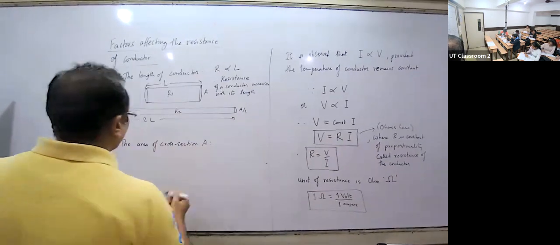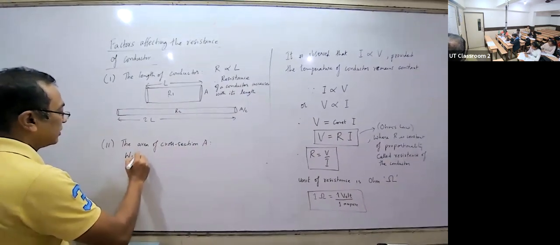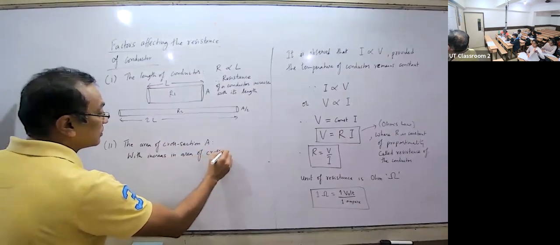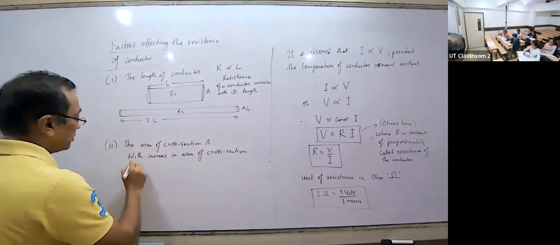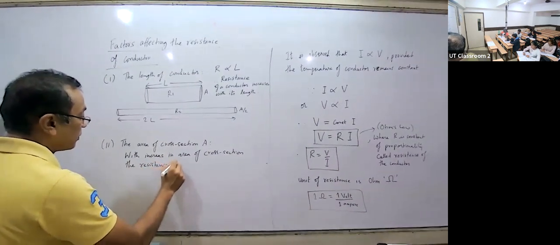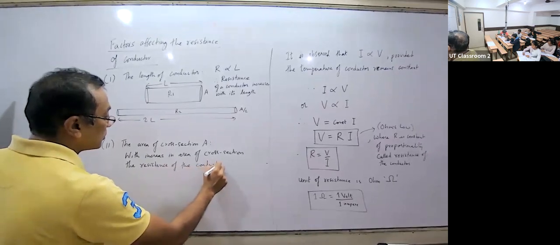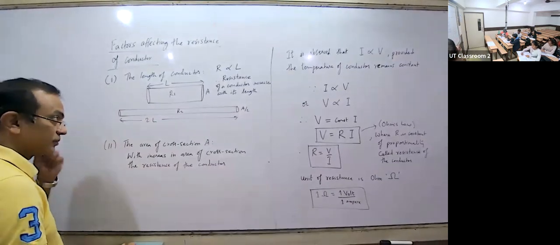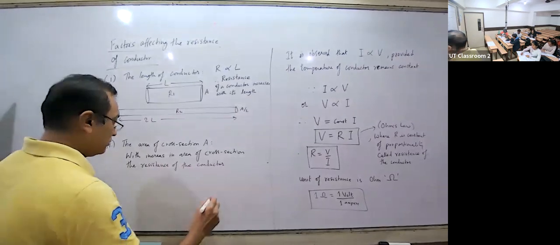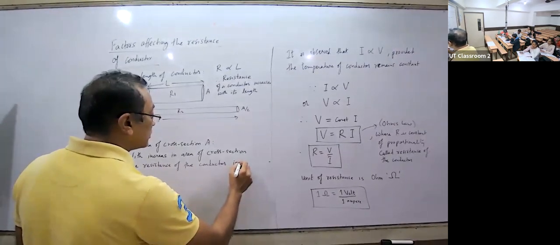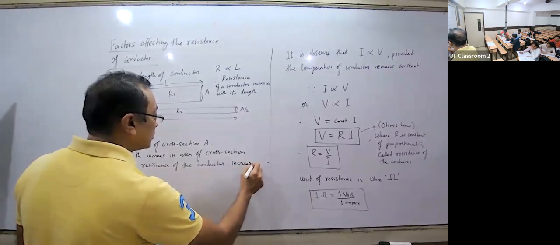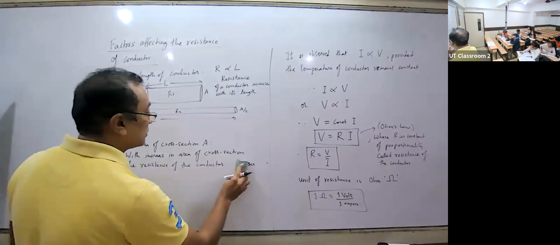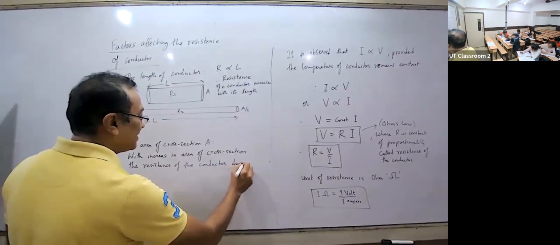So with increase in area of cross section, the resistance of the conductor decreases.